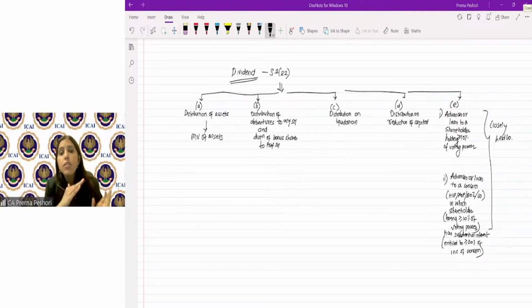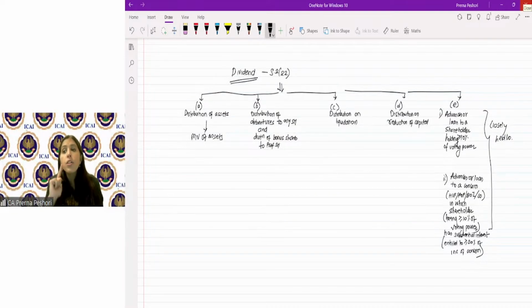Fine. Again, in the case when the distribution of debentures is made to the shareholders or distribution of bonus shares to the preference shareholder, again that shall be to the extent of the accumulated profit. Now the market value of these bonus shares or the market value of these debentures will be taken to be the deemed dividend.